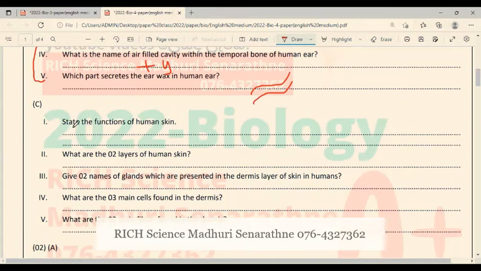First one, protection. Second one, regulation of body temperature.